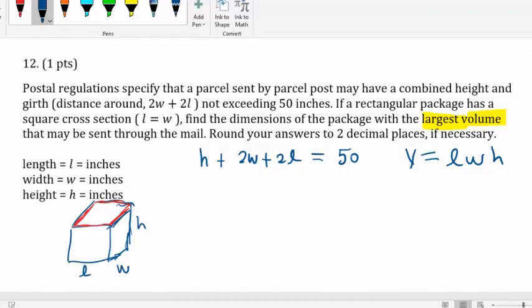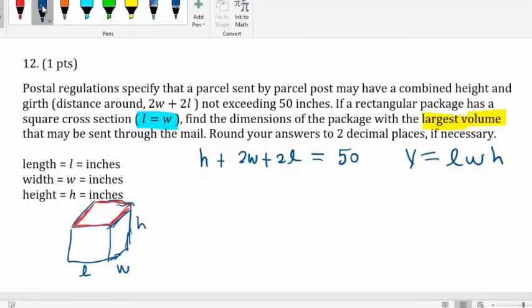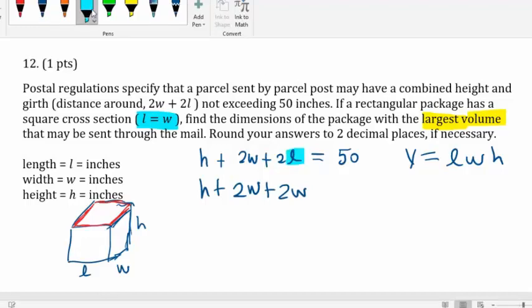So I have to go back up to the information that's given. The cross section is a square. L and W are the same. So we're going to replace, doesn't matter which one, W with L or L with W. So we get H plus 2W plus another 2W, I just replaced L with W, is equal to 50.